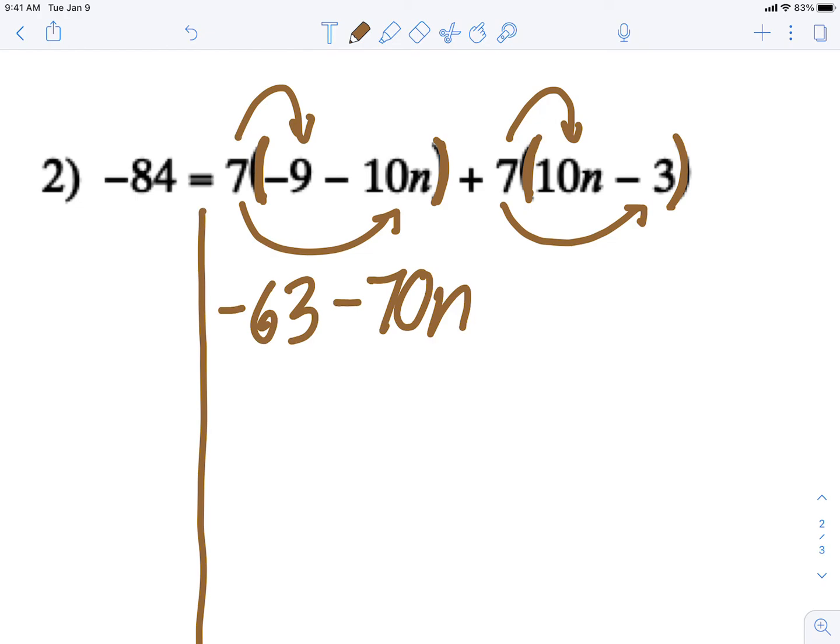So let's do the second parentheses now. 7 times n is a positive 70n, so plus 70n here, just like that. And the bottom now, 7 times negative 3 is negative 21, just like that.